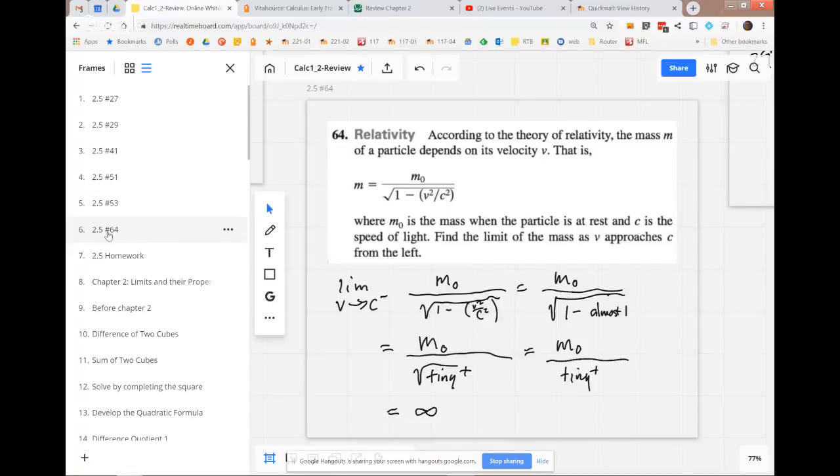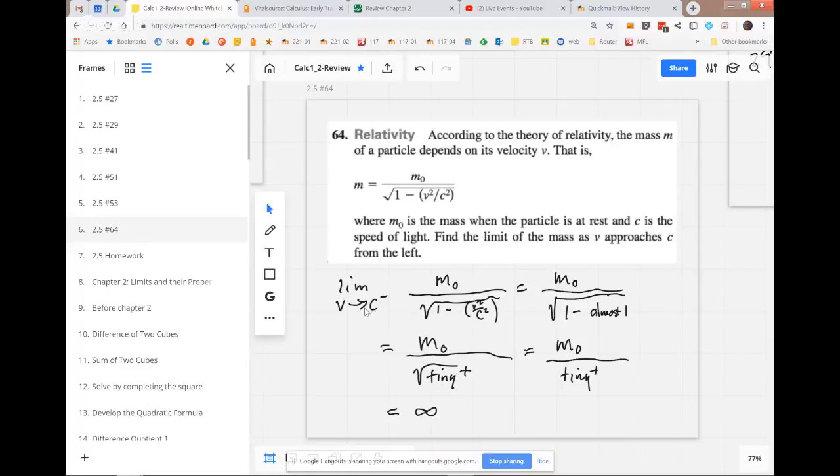So the question is, find the limit of the mass as v approaches c from the left. So notice I wrote down the equation. This is just a copy of what's in the problem, and then I wrote the limit as v approaches c, left-hand limit.